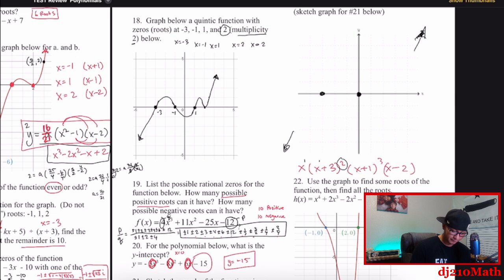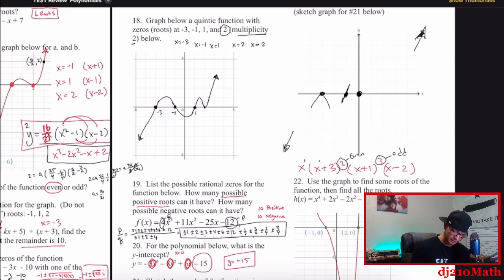So this x in the front is x equals 0. x plus 3 is going to bounce. Since it's coming from -infinity, it's going to bounce down. And then x equals -1. Right, that's an odd number. This was even, which says bounce. This is odd. It says cross. So it's going to cross.